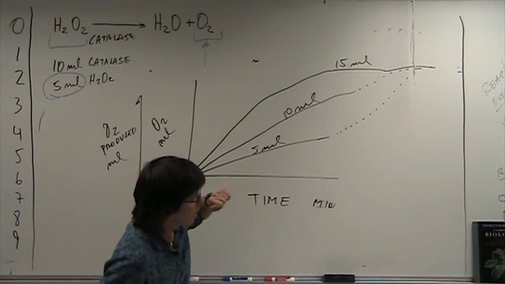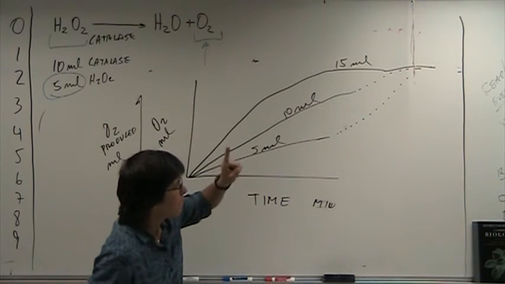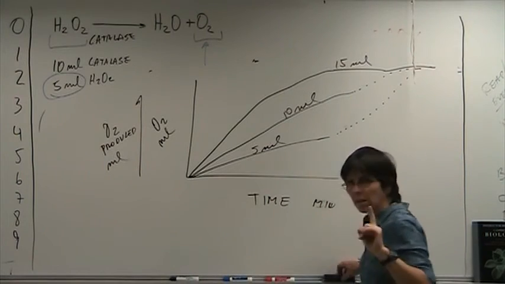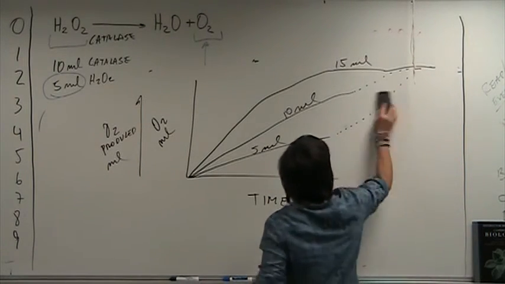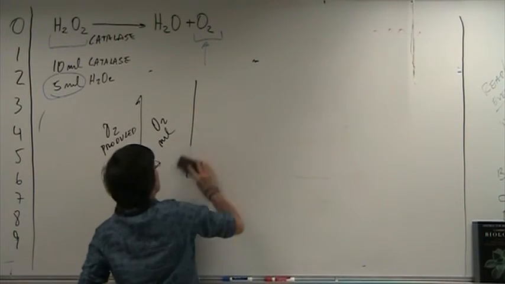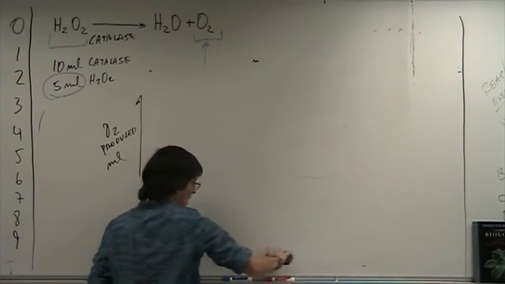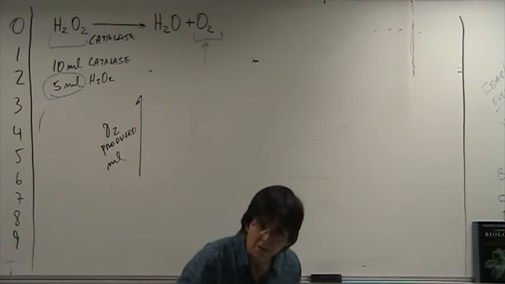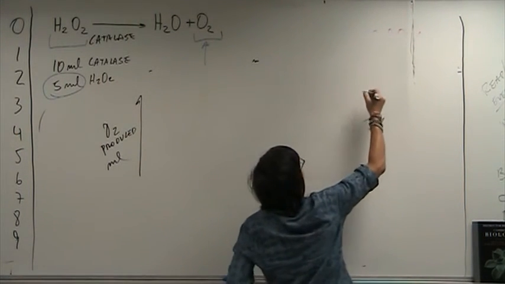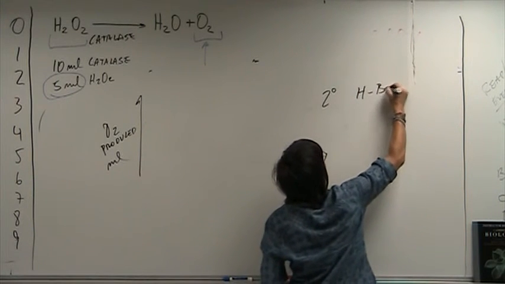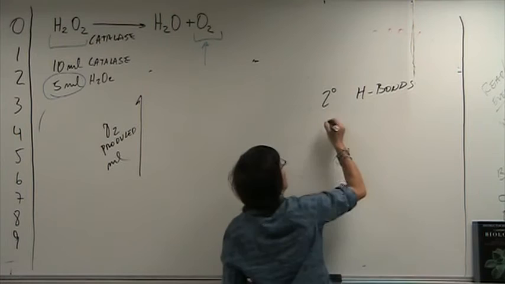So we hit all the major things. I explained the effect of temperature. I want to make sure we understand the effect of pH on the enzymes. It's in your lab again, but a visual never hurts. As you know, proteins have primary, secondary, tertiary structure. And for secondary, you have mostly H bonds being responsible.